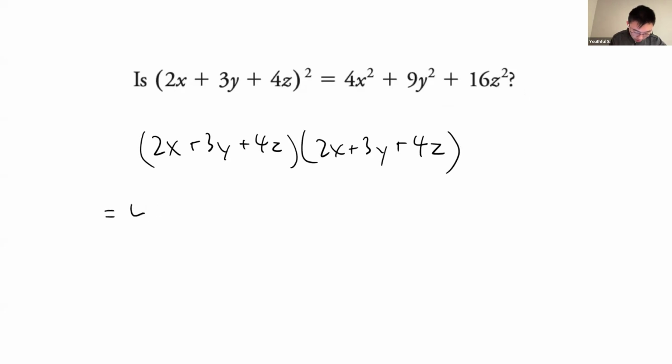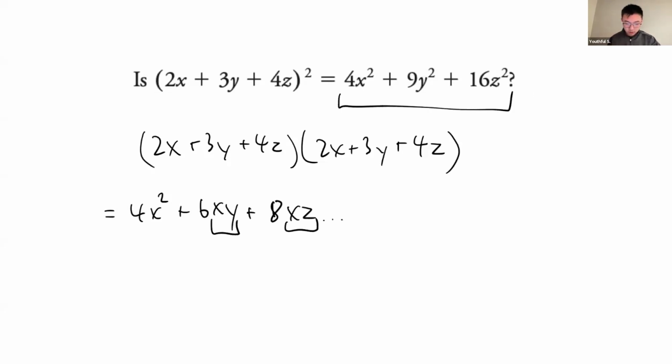So you'll have 4x squared plus 6xy, which is already something that this doesn't contain, plus 8xz, and so on. You're going to have a lot of combinations, and they're never going to cancel out because you don't have a subtraction sign. So these are going to be in your result, basically. So no, these are not equivalent.